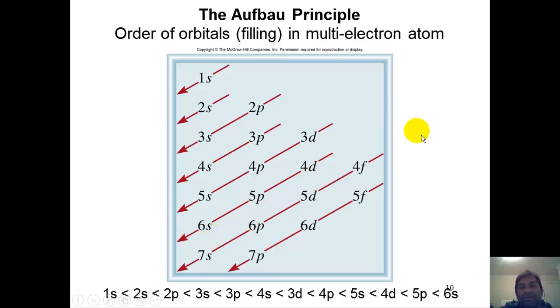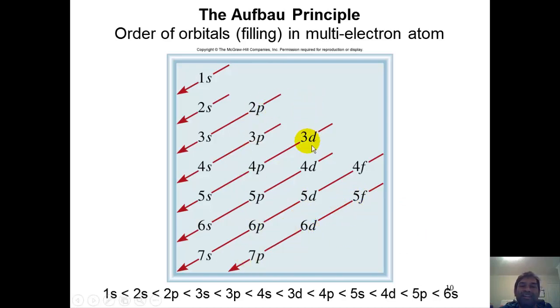After 6s, we do that detour to the 4f orbital, and from 4f back to 5d. After 5d, the 6p shell gets filled. Then from the 6p shell, the 7s shell gets filled. And then from the 7s, we go fill the f block. The 4f is the lanthanides, 5f is the actinides. Not going to talk about them. We go to the 6d transition metals, and then the 7p.